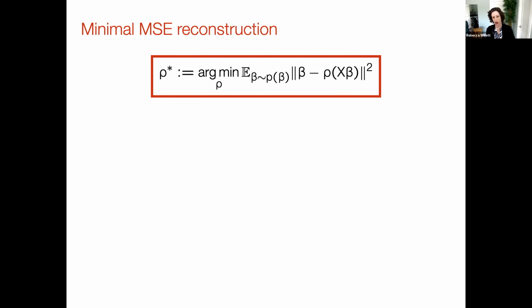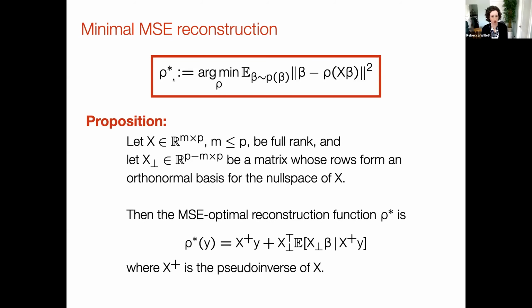What we'd like to be able to do is to find the rho, the inverse problem solver, that's going to minimize our mean squared error, right? So anytime we come up with some strategy, it corresponds to some rho, and we want to find the optimal strategy, rho star.